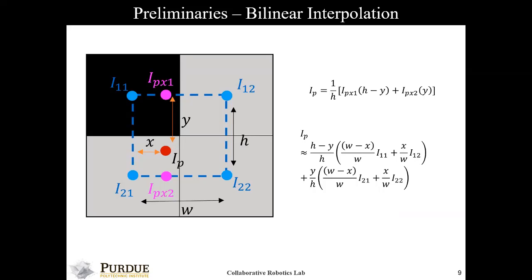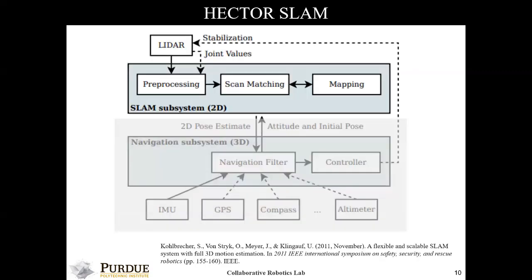You can see it's w minus x over w times some value, plus x over w. Again, these are ratios. We can solve this for any value now using this simple formula. We know the H, we know the W, we know the X, we know the Y, we know those values. We can just plug it in and interpolate.